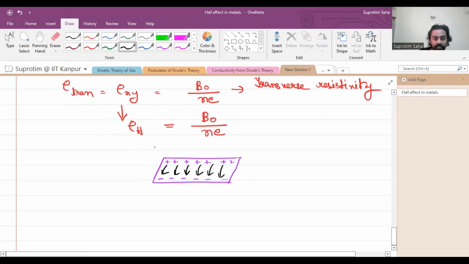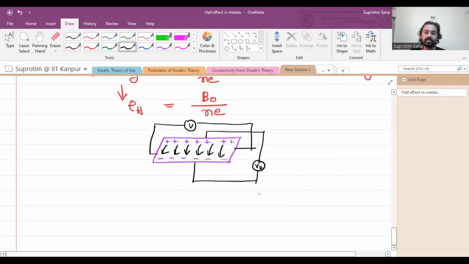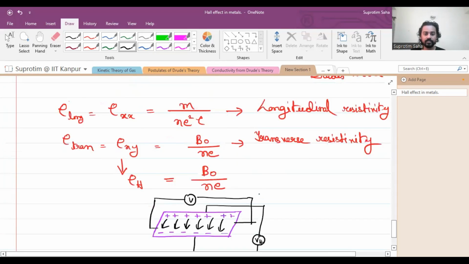Earlier, we were measuring voltage along this direction. Now, along this direction too, we are getting a voltage, which is the Hall voltage. This happens simply because of the Lorentz force. You apply a magnetic field and the charge carriers experience a Lorentz force. So in the transverse direction, you're also getting a Hall voltage.